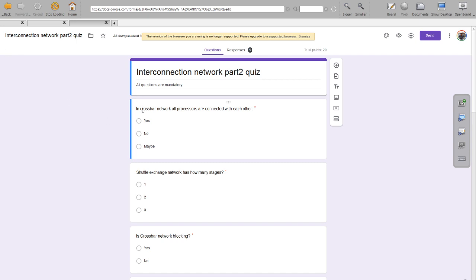The first question goes like, in crossbar network, all processors are connected with each other. Is it true or false or maybe?